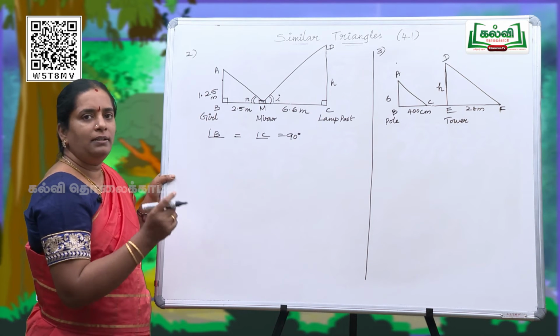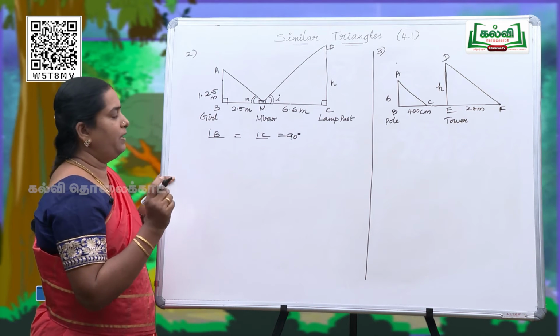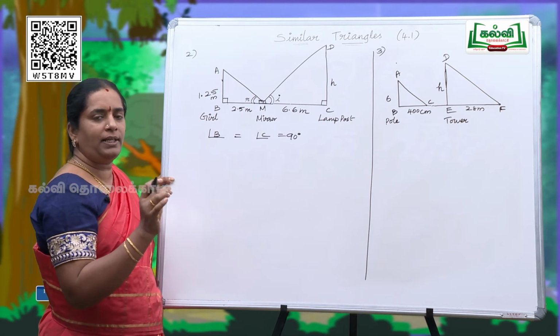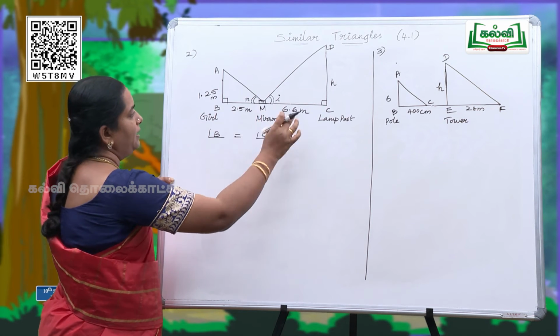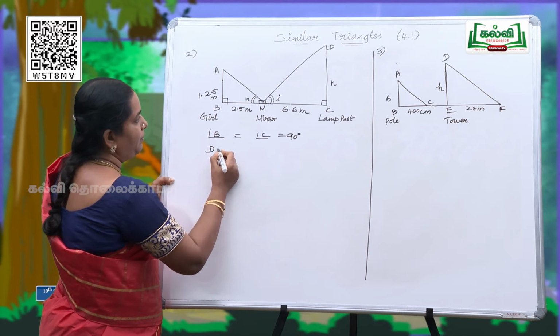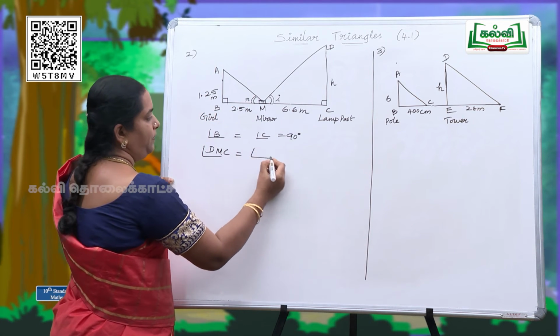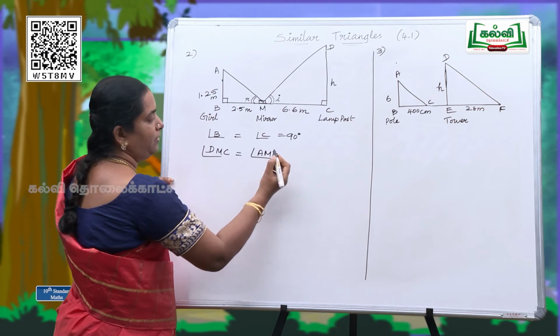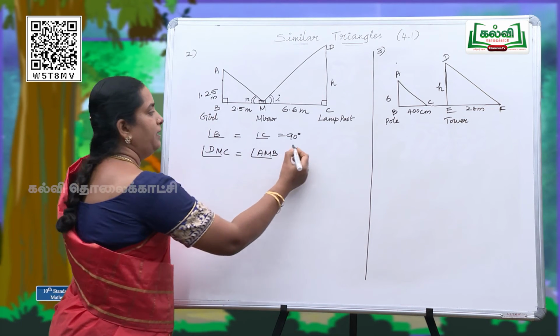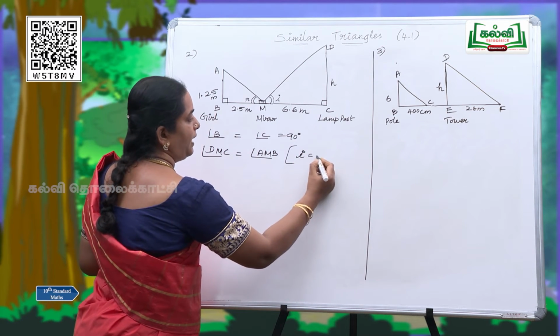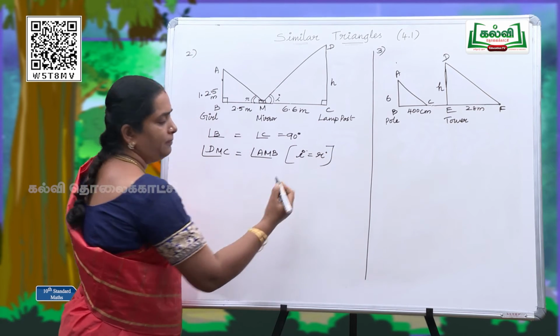You know that the angles are equal. So incident angle and reflected angle are equal. So we will say that angle DMC is equal to angle AMB, since reflected and incident angles are equal.